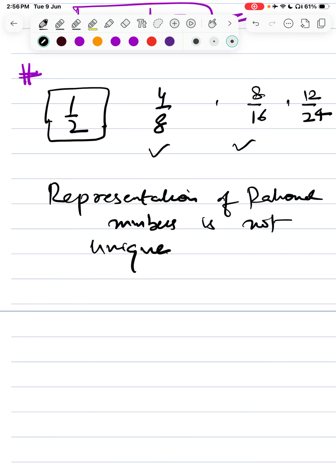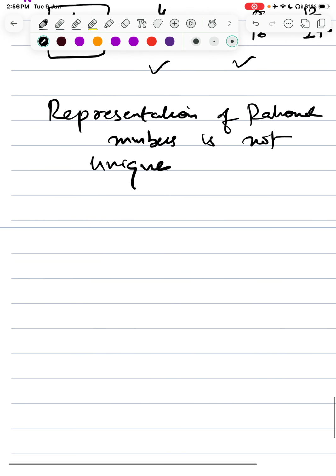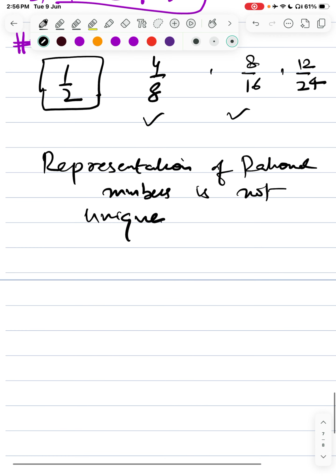There are an infinite number of ways to write 1 by 2, right? They are all equivalent, they are all equal. You know that, right? So this thing you must keep in mind.